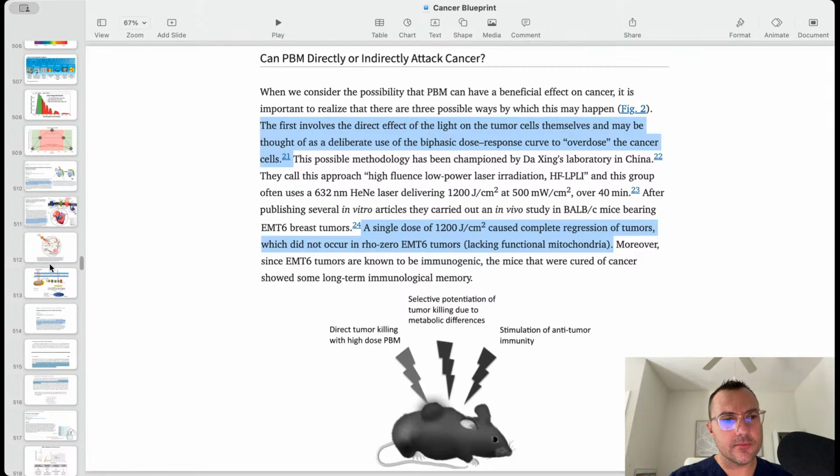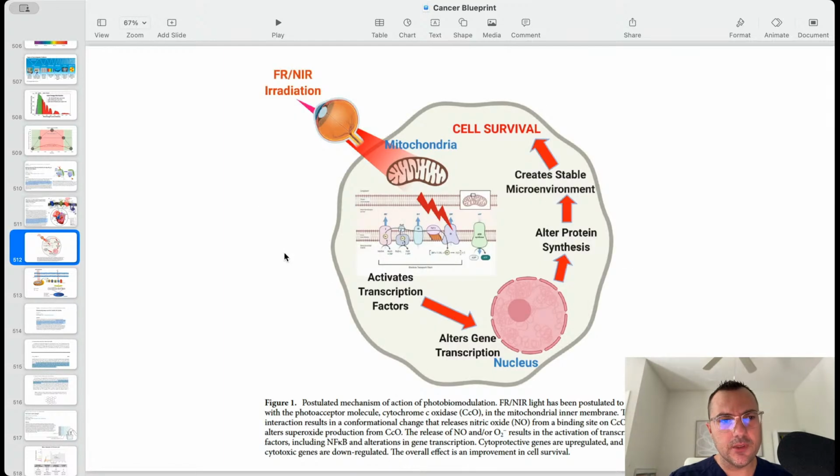One of the mechanisms we mentioned is that when you irradiate something with whatever light we're using, let's say 650 nanometer visible red light, you increase ATP production within functional mitochondria, and you increase reactive oxygen species to a small degree, or the right degree, that alters gene expression and then makes the cell stronger.